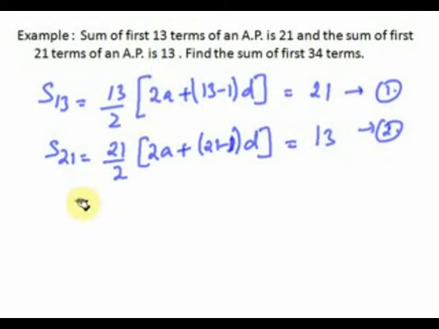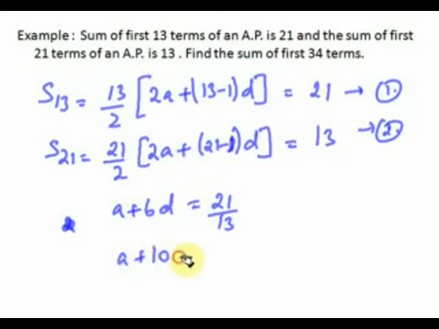Right? The first equation will be 2a plus 12d upon 2, that will be equal to a plus 6d is equal to 21 upon 13. The second equation will be 2a plus 20d upon 2, that will be a plus 10d. a plus 10d is equal to 13 upon 21.